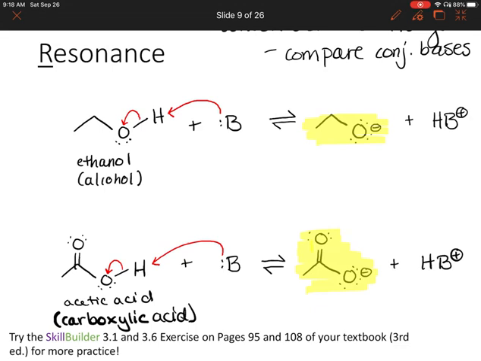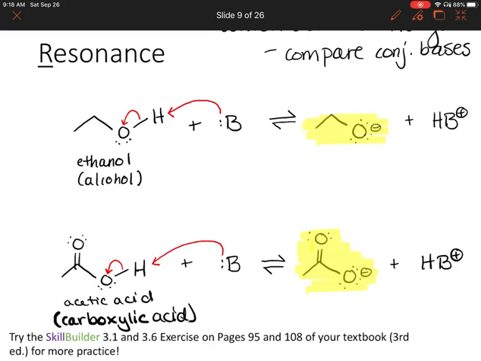So we have to compare it based on possible resonance structures. Now remember, if something has resonance structures, that stabilizes the molecule, right? So if one of these conjugate bases has a resonance structure, or multiple resonance structures, it will be more stable.